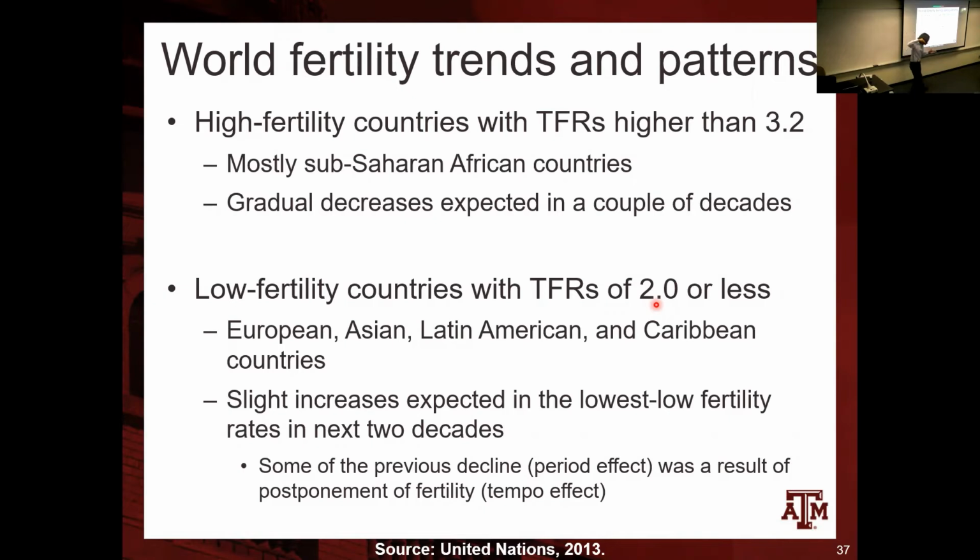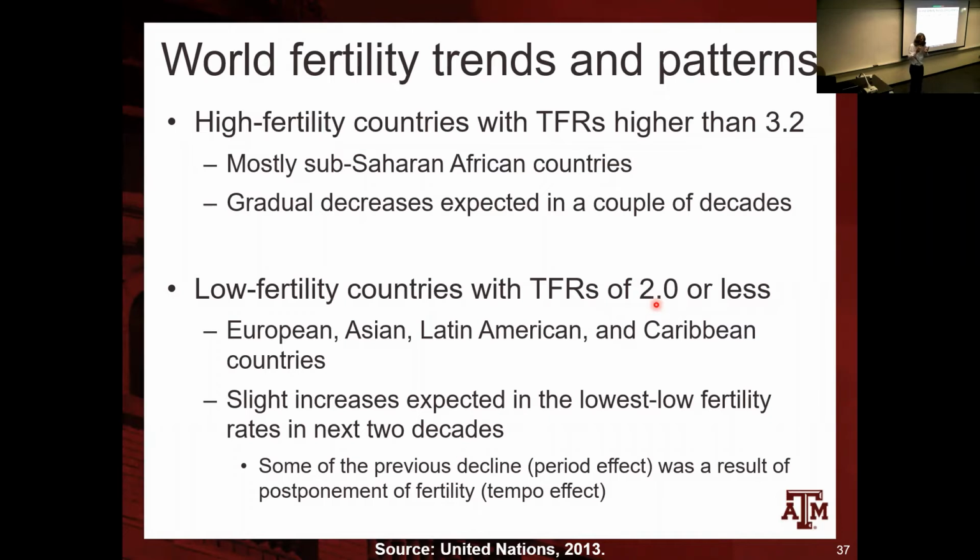Some countries experience really low levels of fertility, like what happened, for example, in Italy, Spain, and is still going on in South Korea. And we expect that in the next decades, we might see some return of fertility to higher levels.